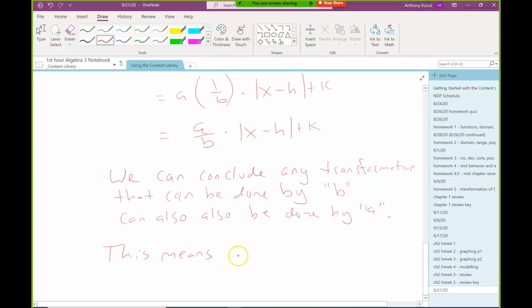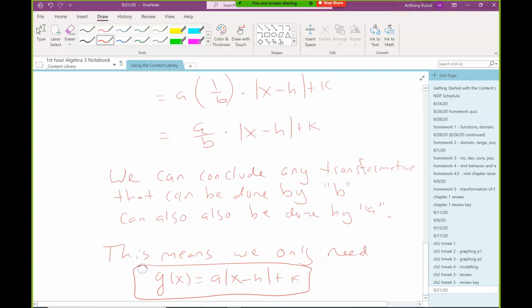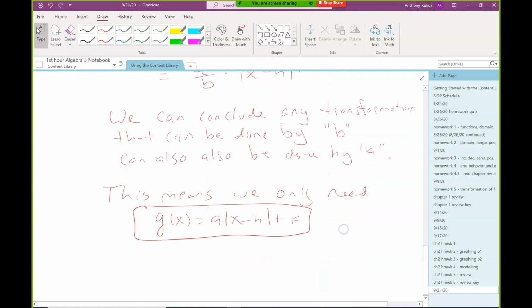This means we only need to represent our transformation as g of x equals a times the absolute value of x minus h plus k. The b doesn't really matter for us. Anything that b can do, we can actually do with the a value. So that makes life a little bit simpler for us.